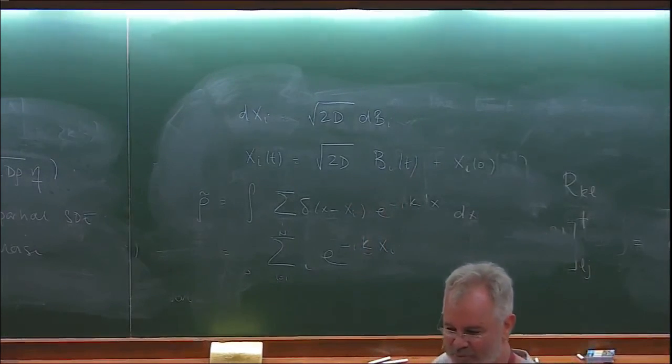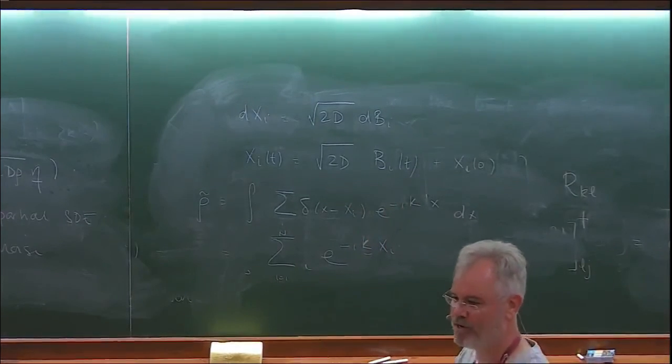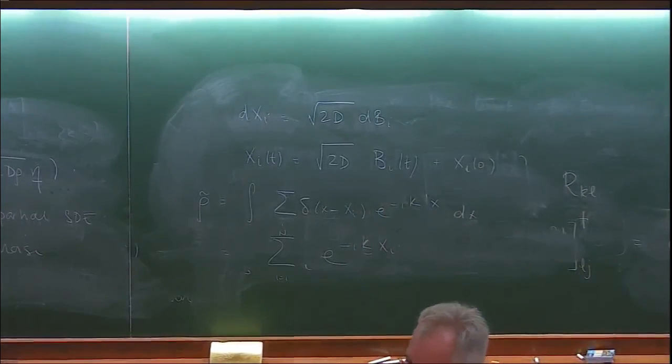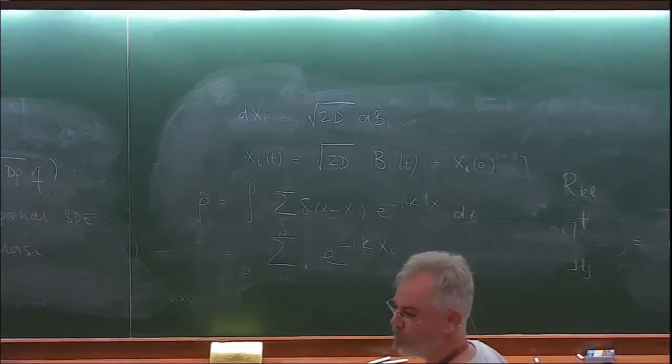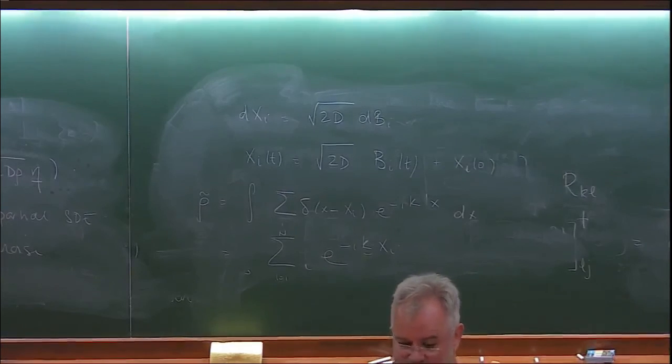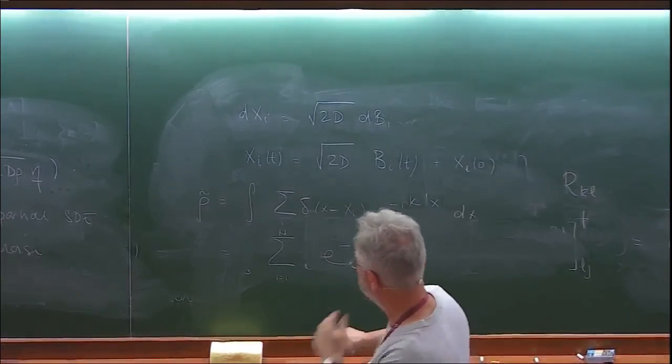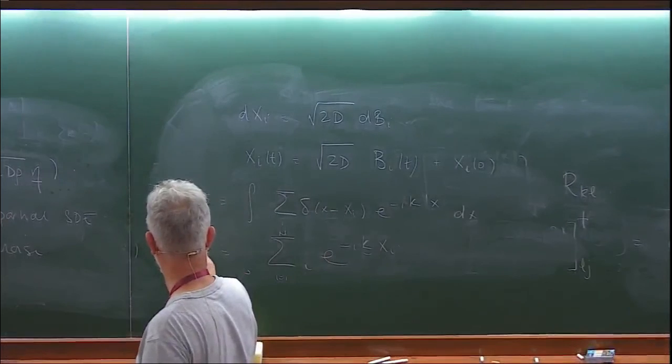If you want to work out these moments, it's a bit horrible to work them out with the delta functions. Or you can work them out with the delta functions, but once you go to higher moments, it's easier to do all the calculations in Fourier space, okay? So this is rho tilde of k as a function of time.